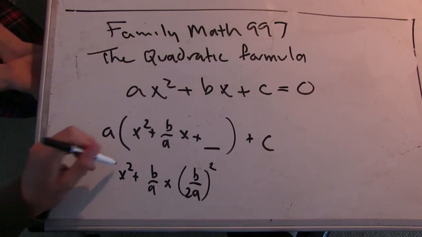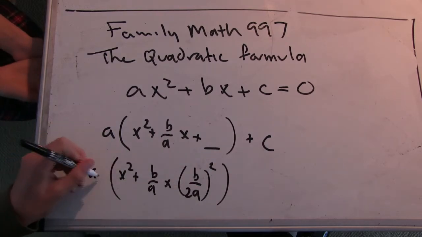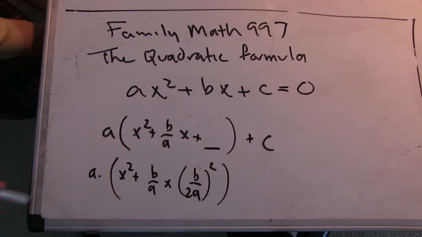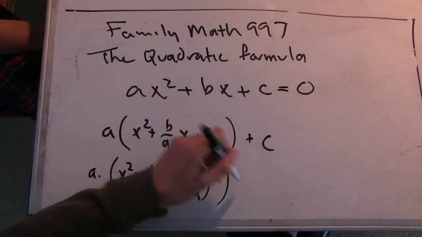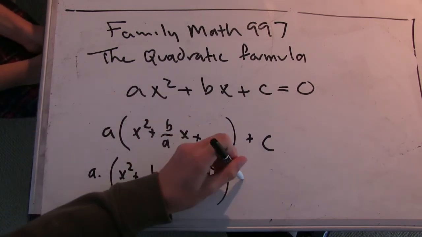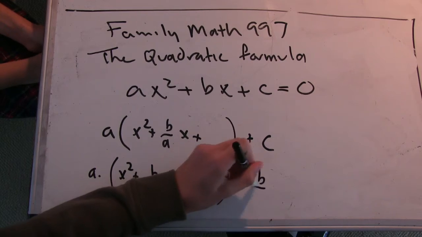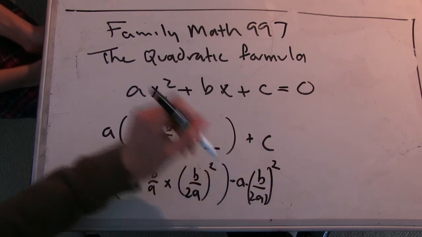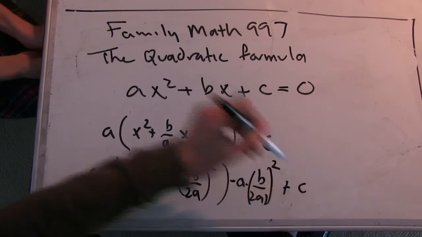Then we have to subtract this out over here, so it's a times b over 2a, squared, plus c.